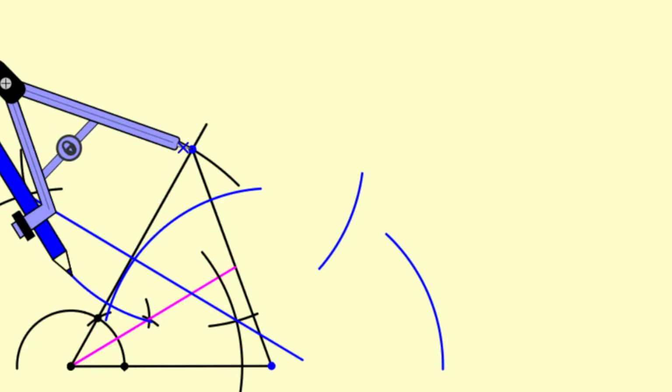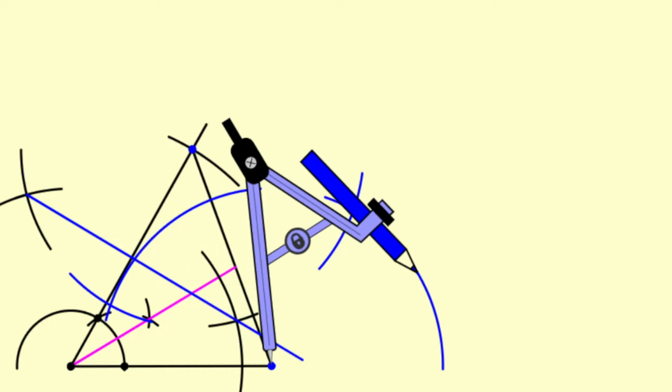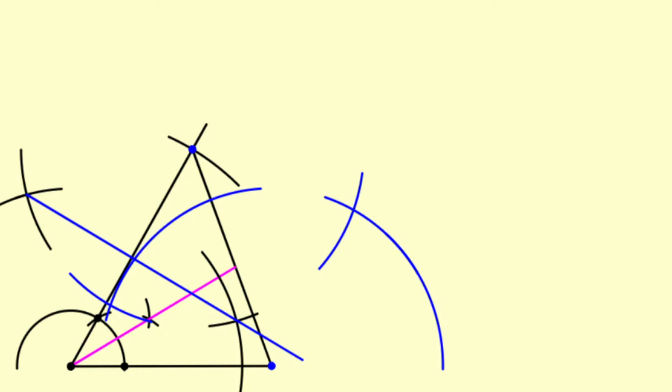So this arc, I just have to extend. So I've got it. Now let me join them. So with blue color, I have just drawn two perpendicular bisectors and you can see they are meeting at one point.